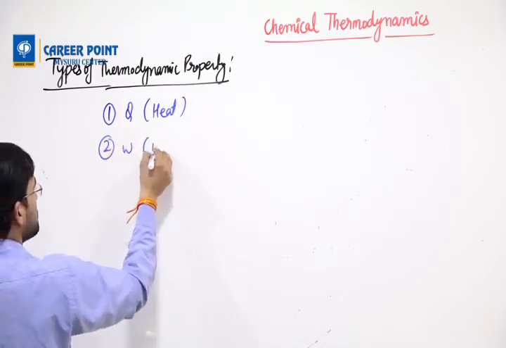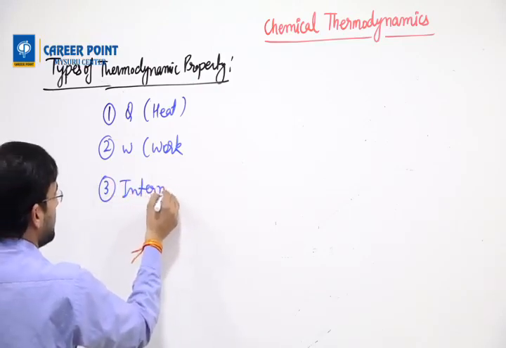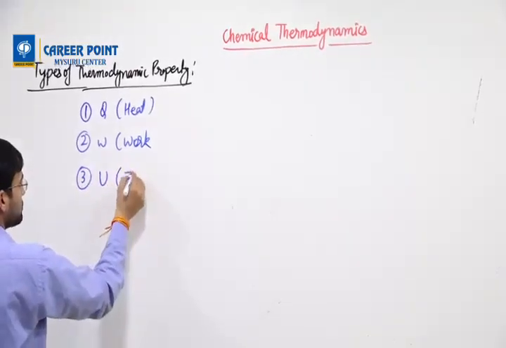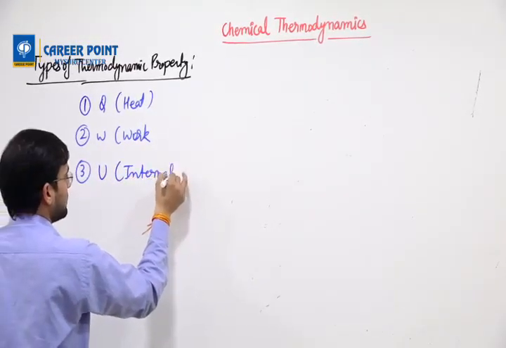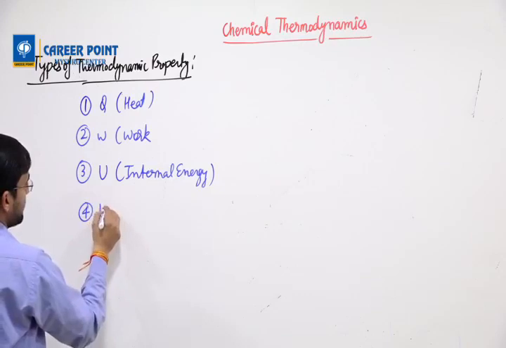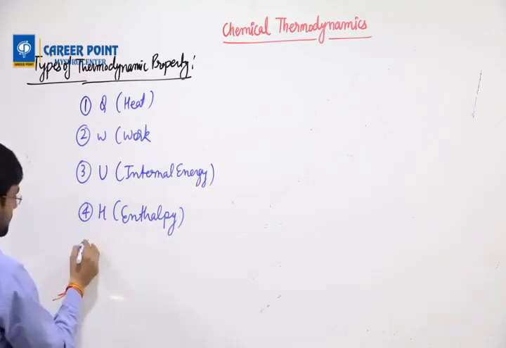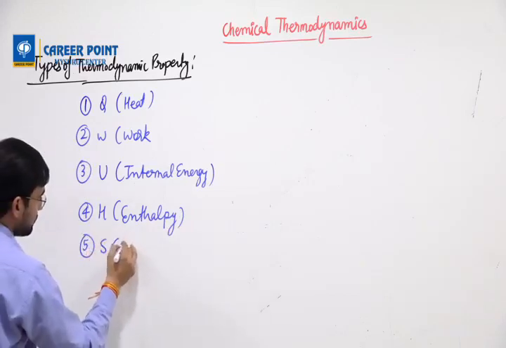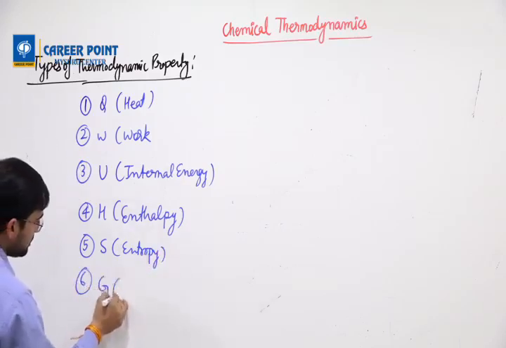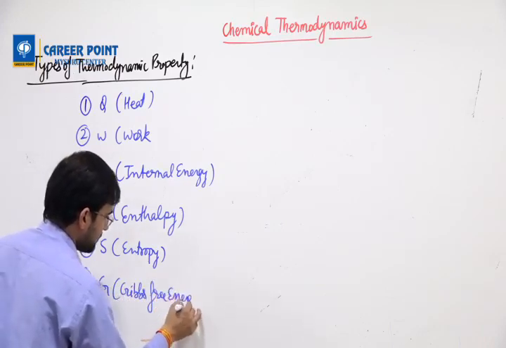Secondly, W, which is work. Third, capital U, which is known as internal energy. Fourth, H, which is known as enthalpy. Fifth, S, which is known as entropy. Sixth, G, which is free energy.